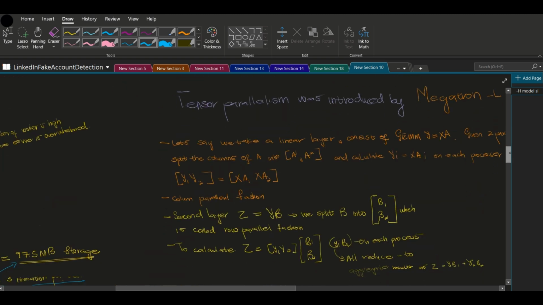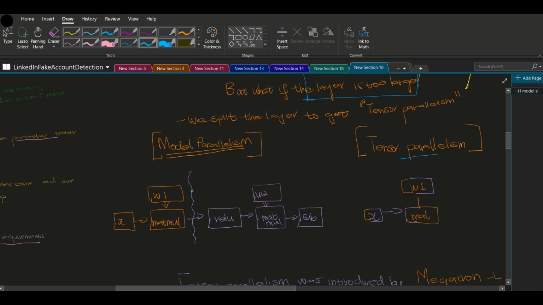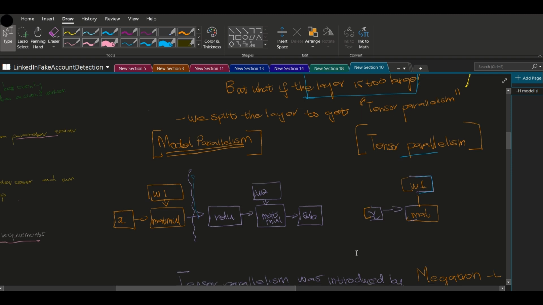They say that, okay, instead of splitting by layers, like one layer into one node, we can rather split by weights. This way, we ensure that all of these weights fit in our server, so we don't face the problem of something being too large to fit on our server.